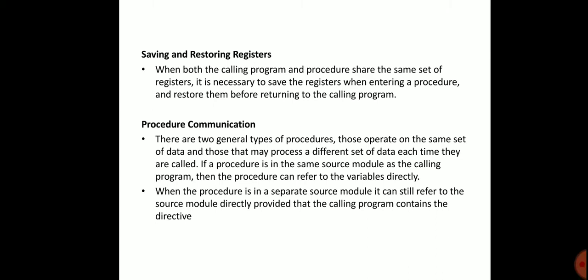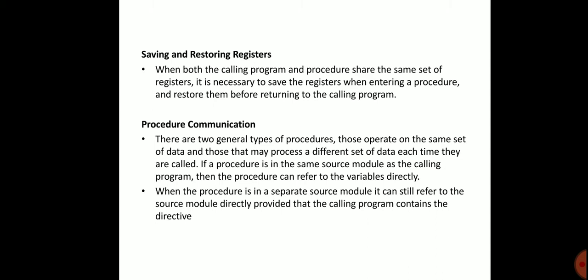The attribute that can be used with PROC will be either NEAR or FAR. If the attribute is NEAR, the return instruction will only pop a word into the IP register, but if it is FAR, it will also pop a word into the CS register.